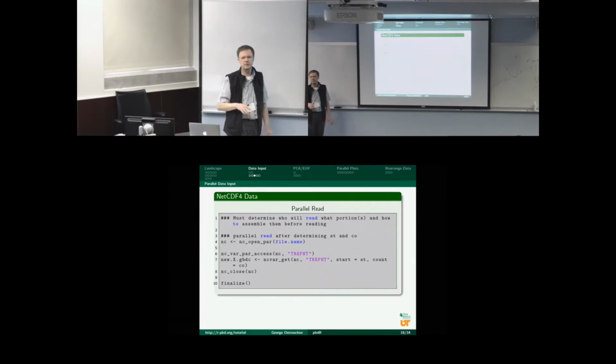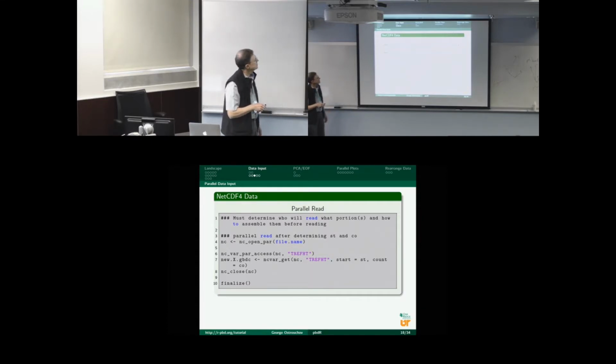Writing is a little harder because you have to structure the file correctly. If you're reading it, you can do it almost independently. You don't really have to know about each other that you're reading the file. But even there, if the reading is done in a collective way, it's a little bit faster.